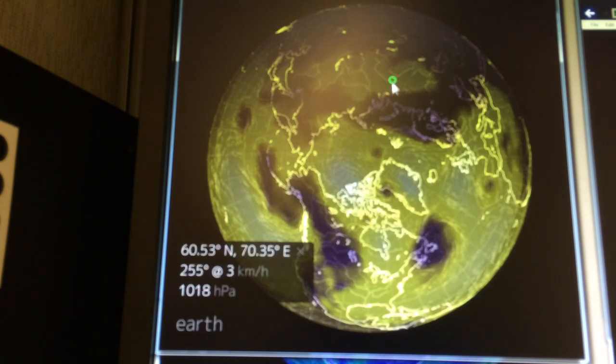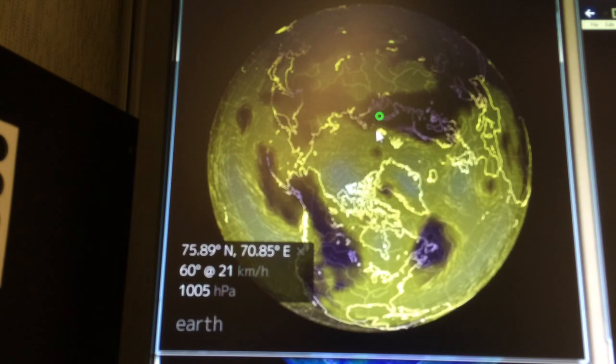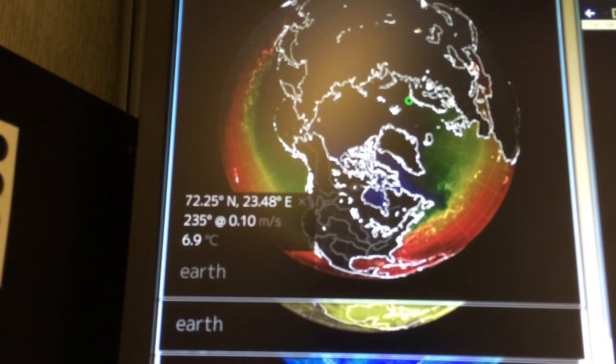So that strong flow we saw here is because we have a high pressure area here and a low pressure area here, so the air wants to move from high to low pressure. The Coriolis force drives it this way. So these coincide with what we were looking at before.